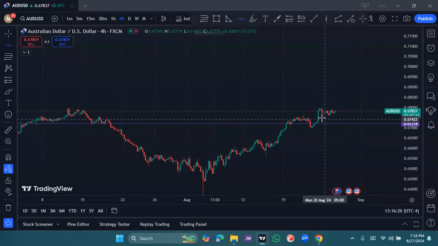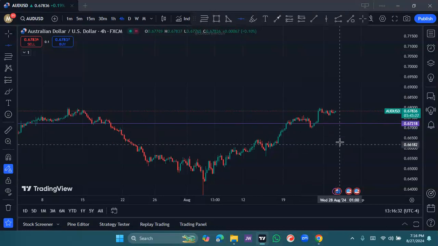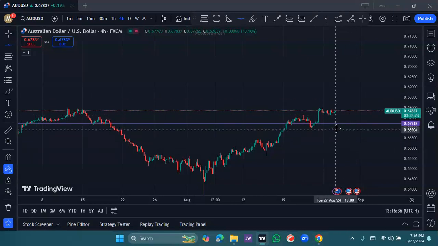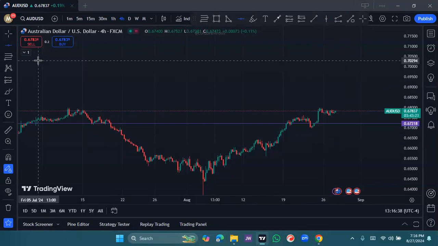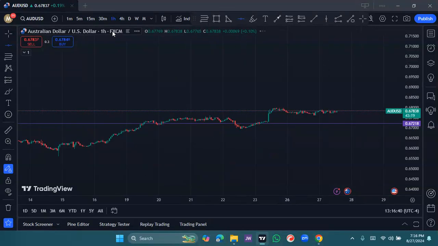But if you're going to be waiting for the markets to do what they do, like me, because I like to do market orders, then hopefully you can get it over there and take it up.